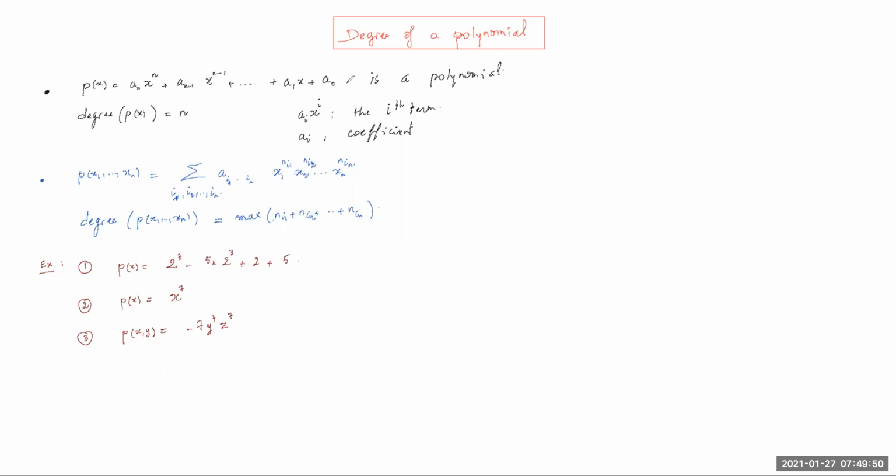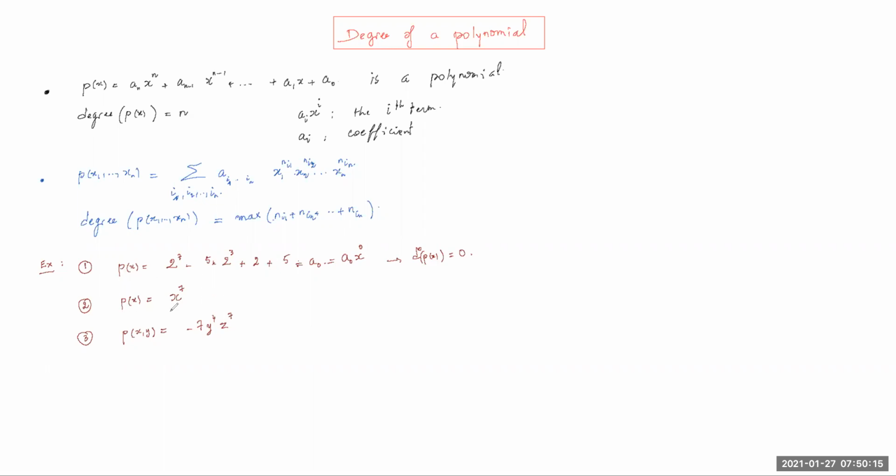It's an a_0, a constant. That means it's like a_0 x to the power 0. So the degree of my p of x here is exactly 0.